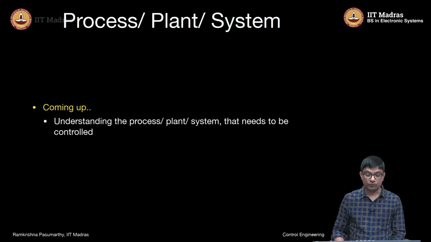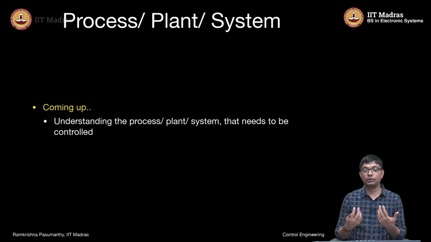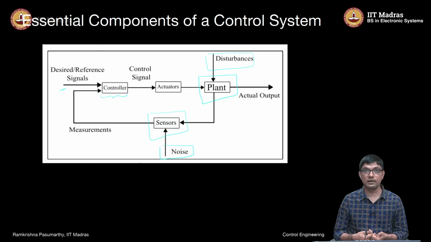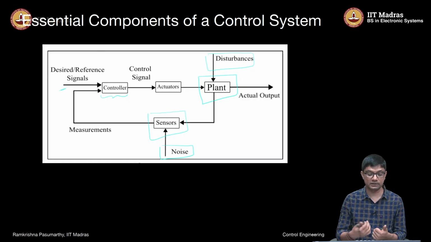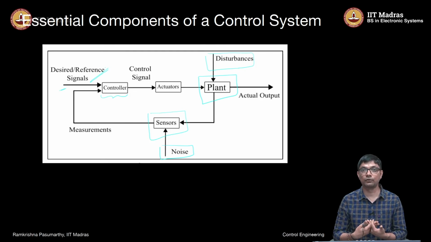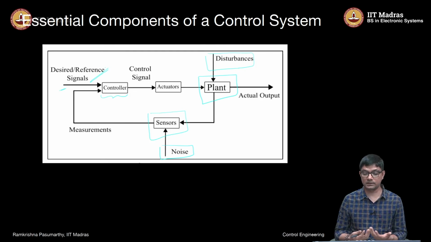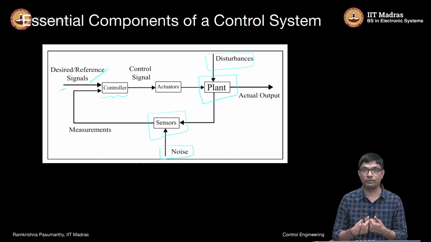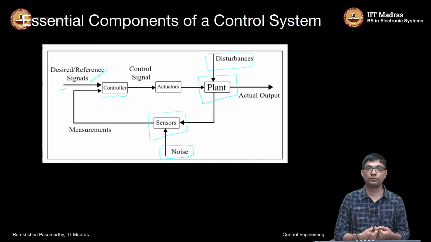So what do we need to start with, given a plant or a system or a process which we want to behave in a certain desired way? The process starts through learning of this course, right? So I have a plant which I want to perform in a certain way.